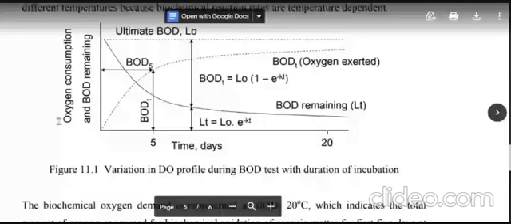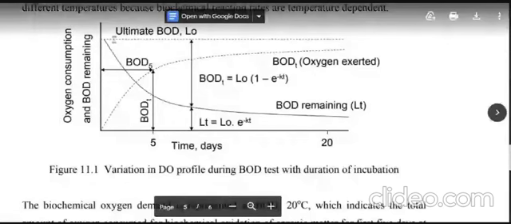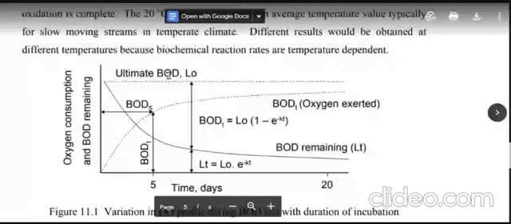If you look at this curve, this dashed line, this is a smooth curve. This is the day axis, up to 20 days. They take a test and find what amount of BOD is present. So they take a test every day for 20 days. This is what ultimate BOD stands for: the initial amount of BOD present.